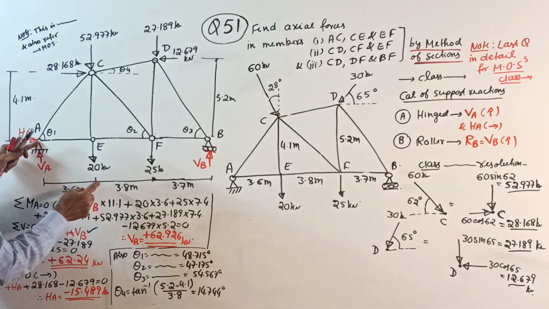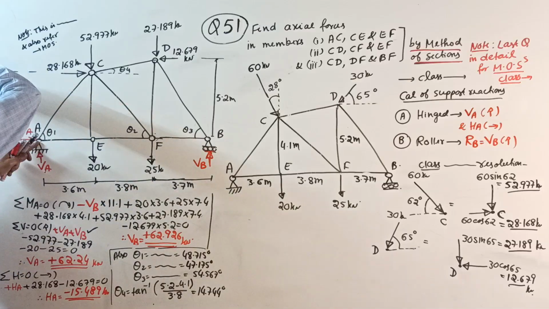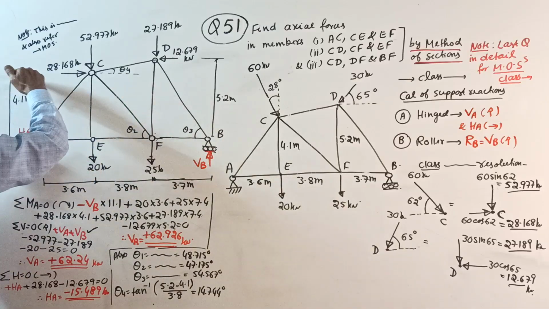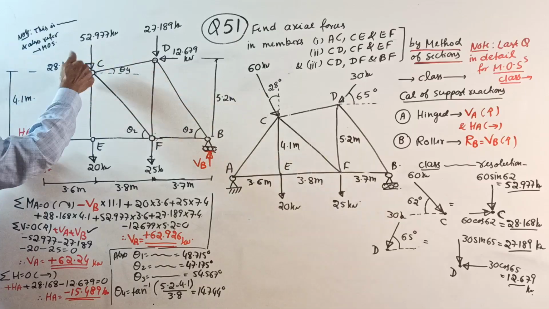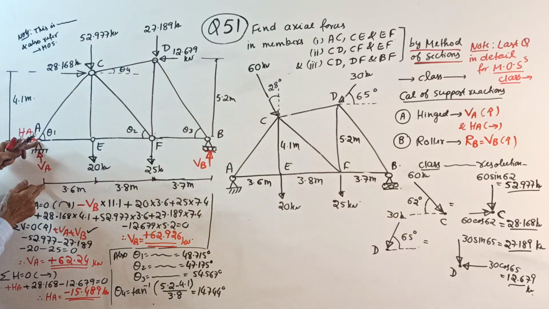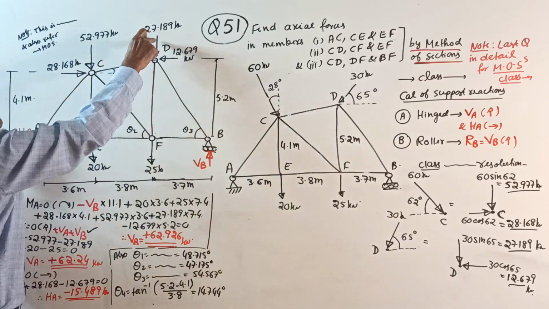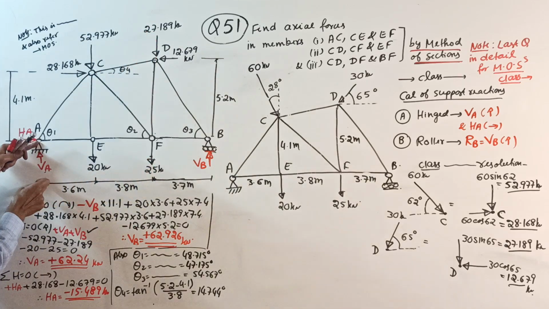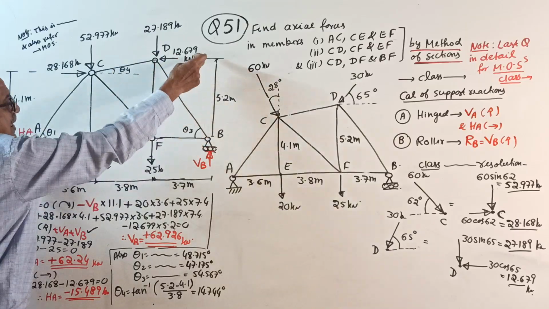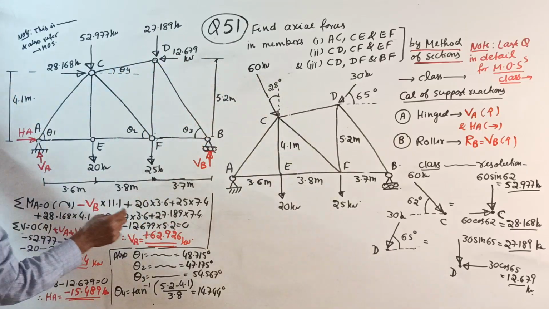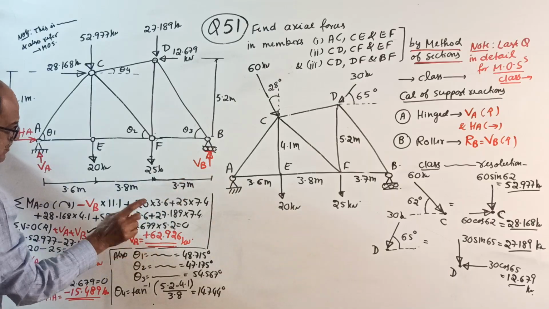Why 3.8 plus 3.6, plus 28.168 into 4.1 plus 52.977 into 3.6. See, 27.189 into this distance minus 12.679 into 5.2, equal to 0. You get the value of VB plus will come.